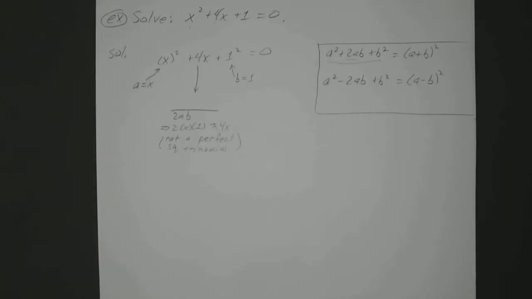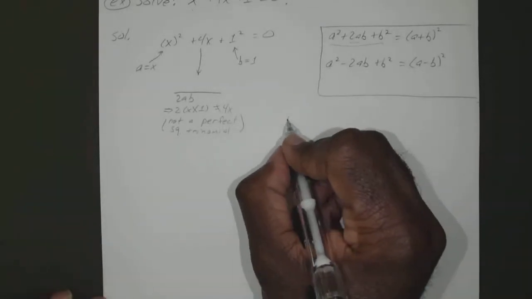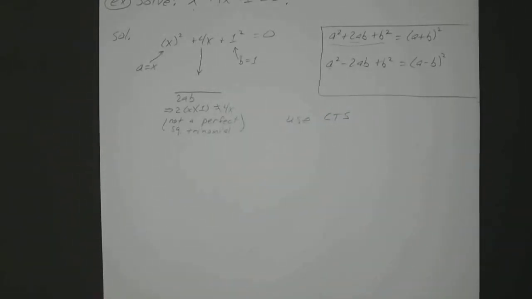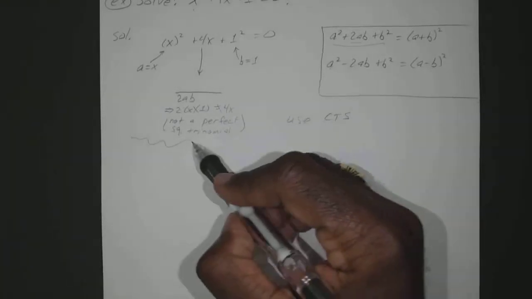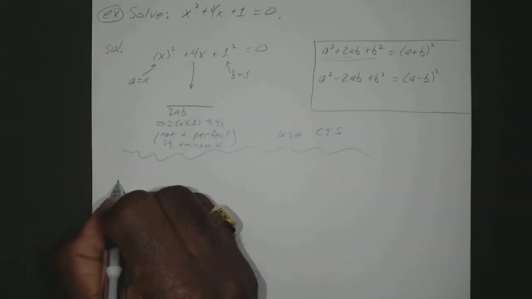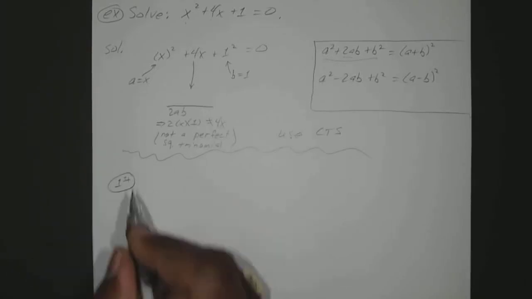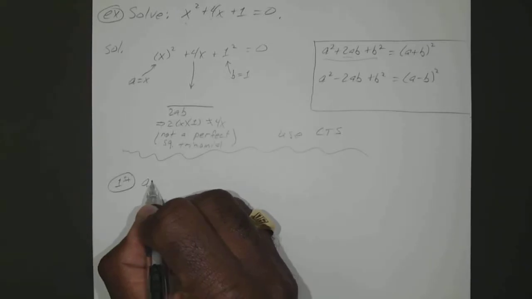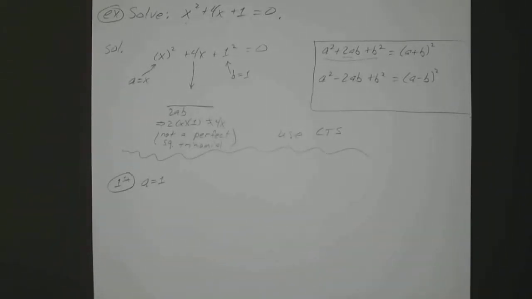Okay, so that means we use completing the square. So remember our first step: want to make sure there's nothing in front of the x squared. So our a is equal to 1, so we go right to step 2.